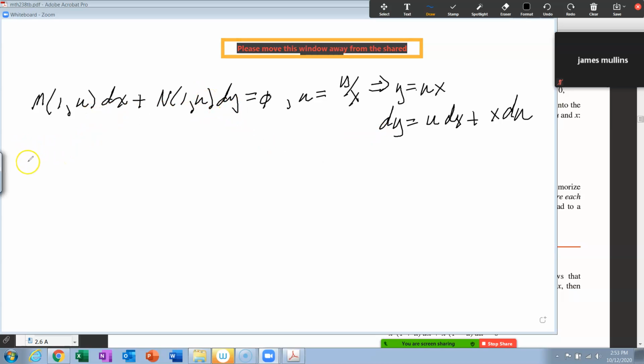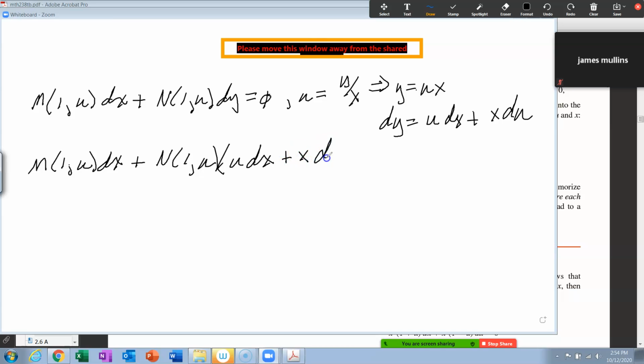And this is where they just skipped all sorts of steps. M of 1, u dx, that hangs by itself, plus n of 1, u. Now, instead of dy, we're going to put this in here, times u dx plus x du, and that's equal to 0.